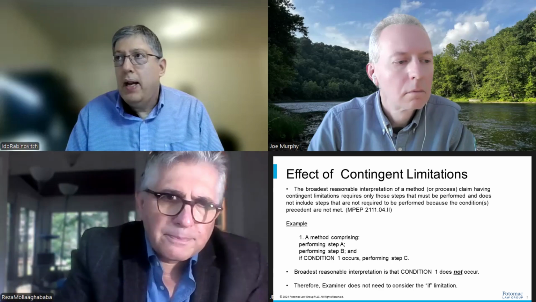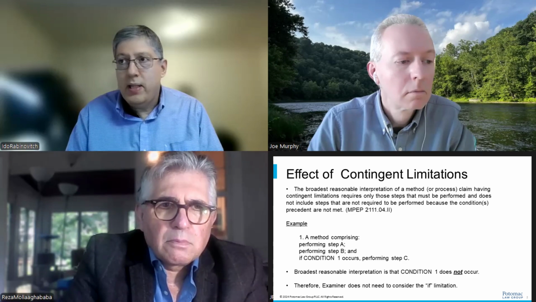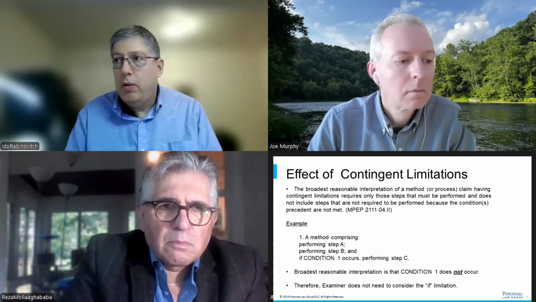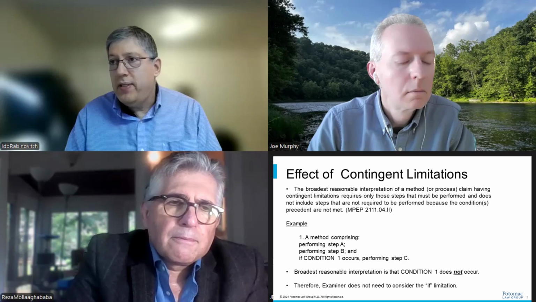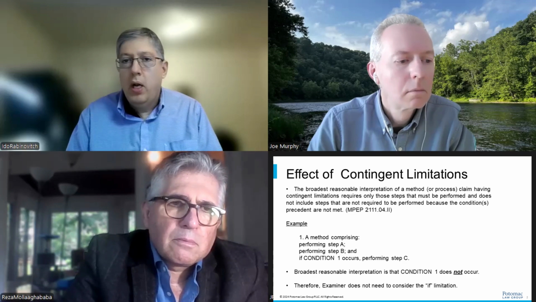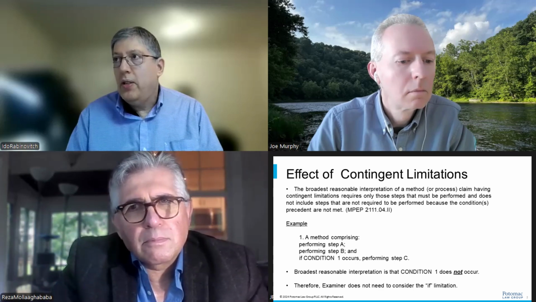So in my example, there's a method where in the first step we perform step A, followed by performing step B, and then if a certain condition, which I call condition 1, occurs, then we perform step C. By the way, the MPEP deals with this principle of interpretation of contingent claims under MPEP 2111.04, section II.